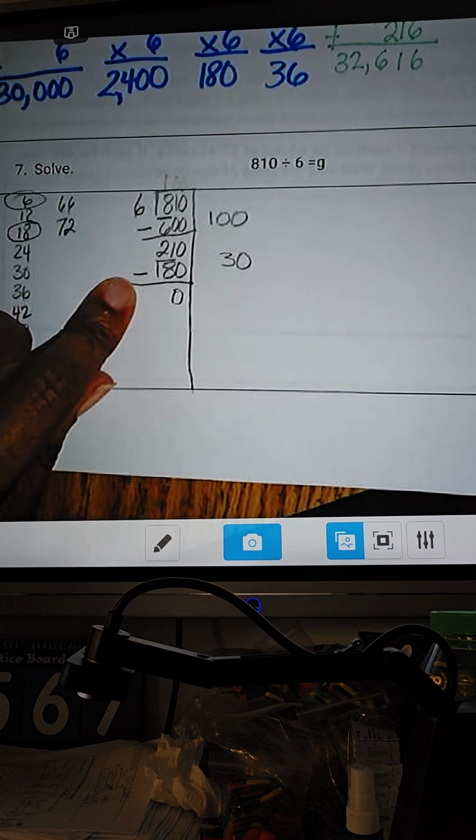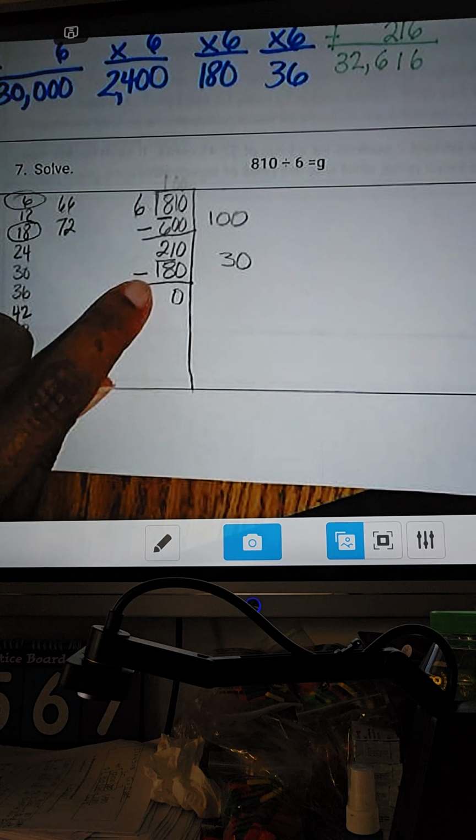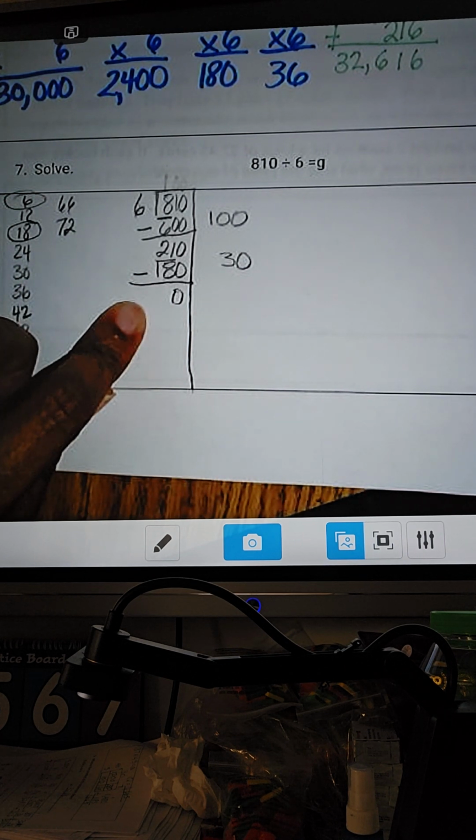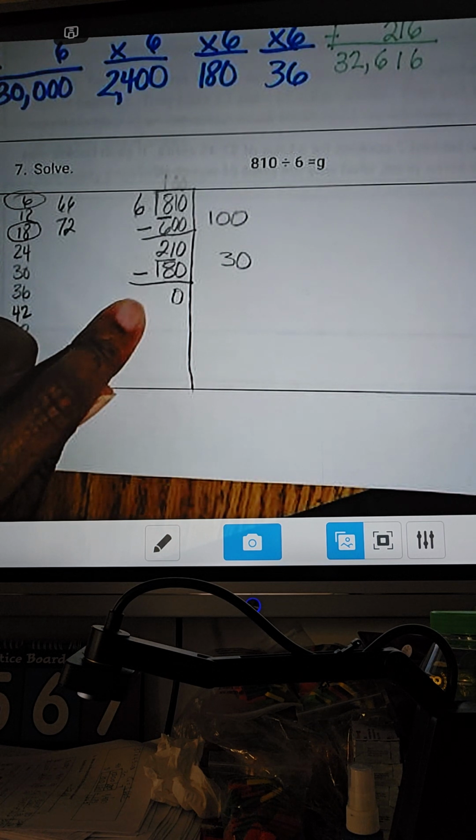Until you pay attention to what you're doing, you're going to continue to get the wrong answer, not because you don't know how to divide, but because you don't know how to subtract. And that's very, very scary for me, because if you can't subtract, there's no way for us to keep going.